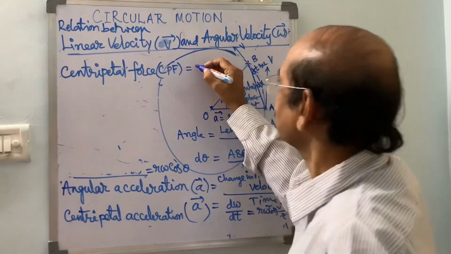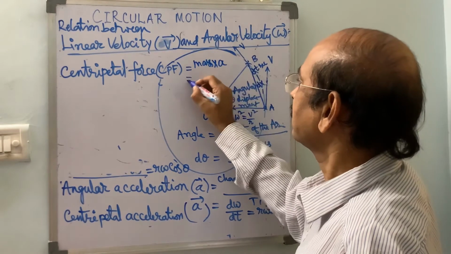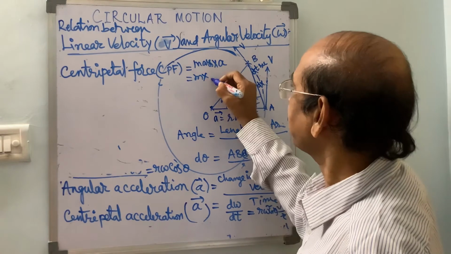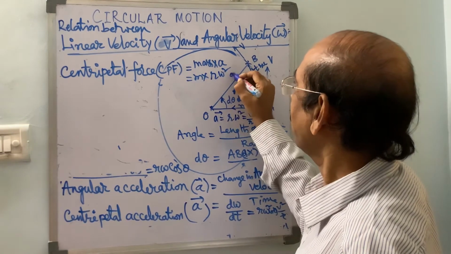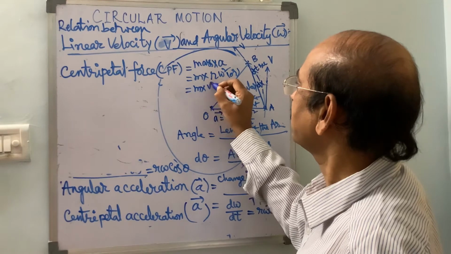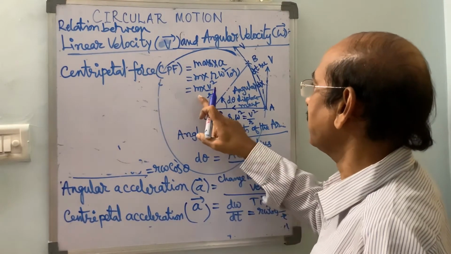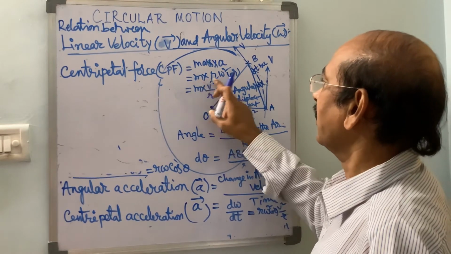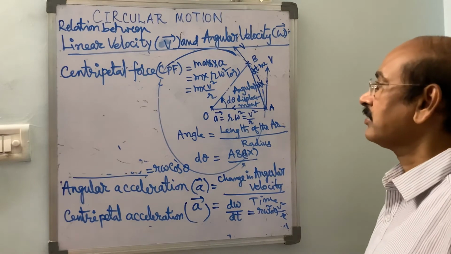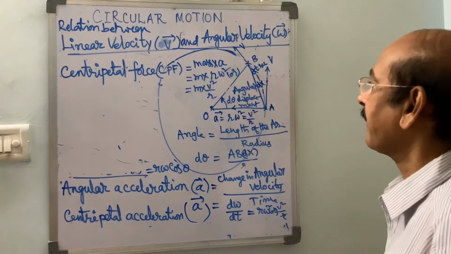Therefore, mass m into acceleration r omega square or v square by r. Therefore, centripetal force CPF is equal to m v square by r or m r omega square.